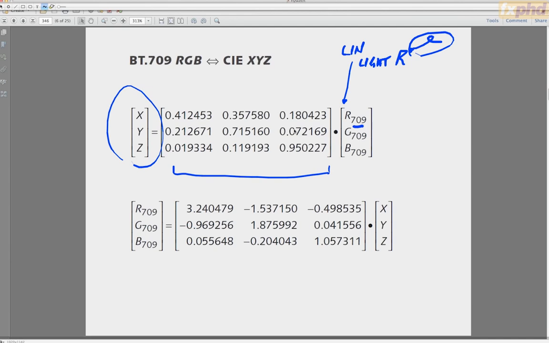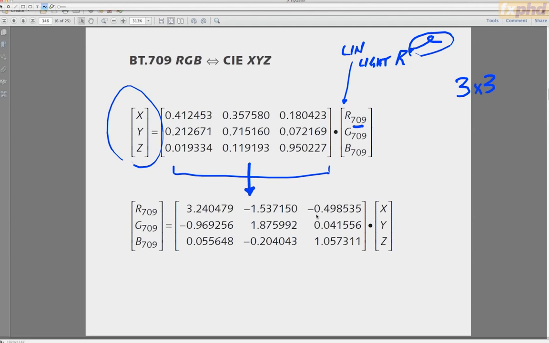And I'm sure you're all familiar with the dot product notation. Now, if you've got that matrix to go from RGB to XYZ, you can just take its inverse to get from XYZ to RGB. Now, this sort of transform using 3 by 3 matrices will give you a straight colorimetric transform guaranteed to produce exactly the same color. Nothing here does gamut mapping.